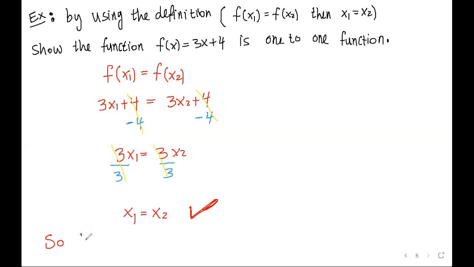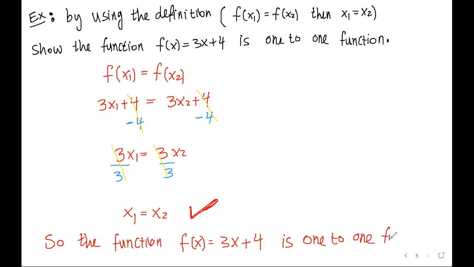This means the function is one-to-one. So the function f of x equal 3x plus 4 is a one-to-one function. Why? Because I started with f of x1 equal f of x2, I kept subtracting and canceling some elements until I got x1 equal x2.